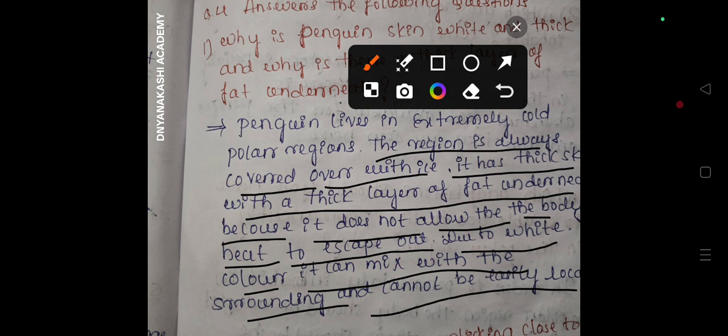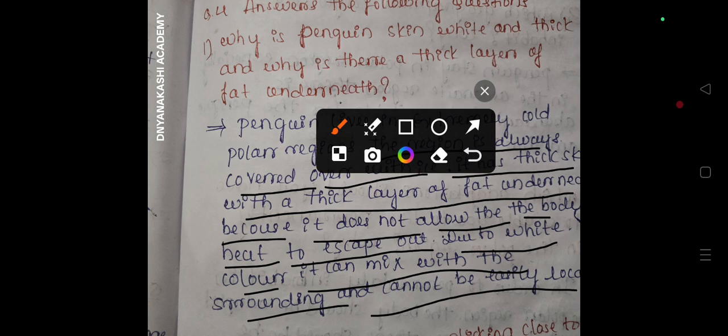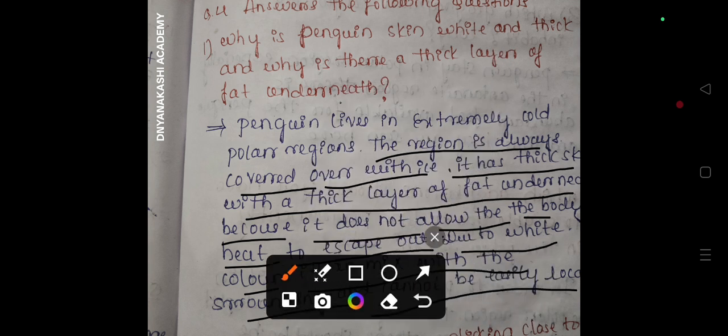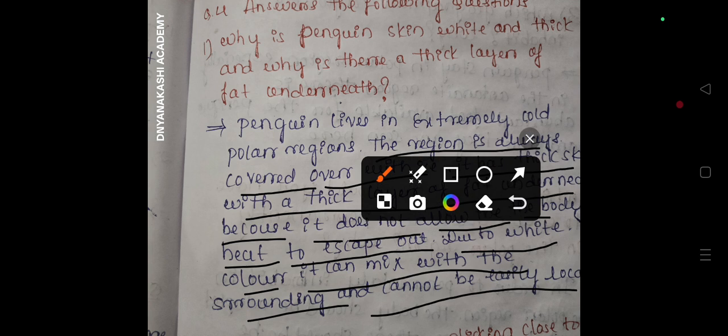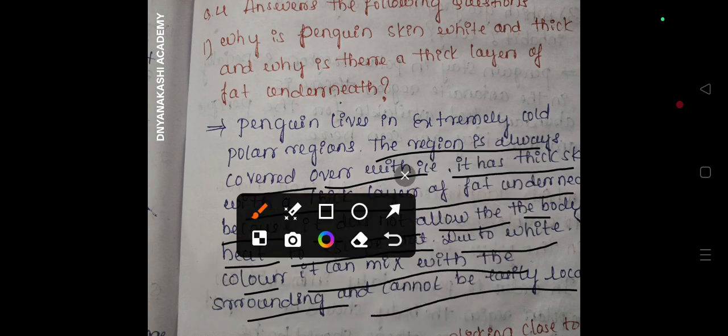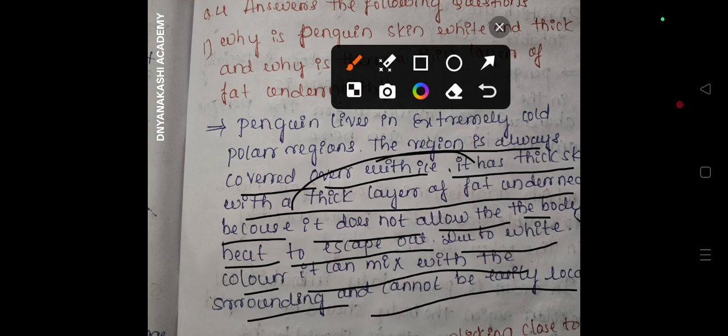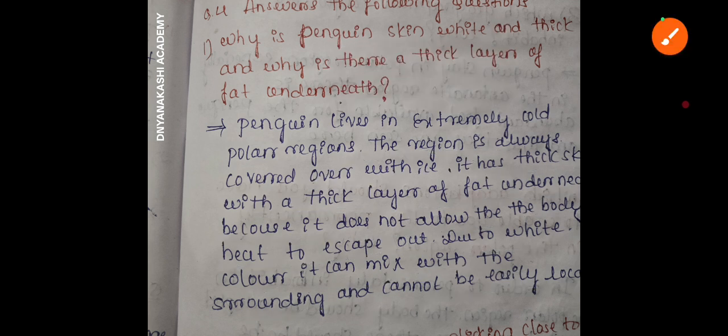This is the main answer for why the penguin's skin is white and thick, and why there is a thick layer of fat underneath. A perfect answer is like this. Okay, we are going to the next question.